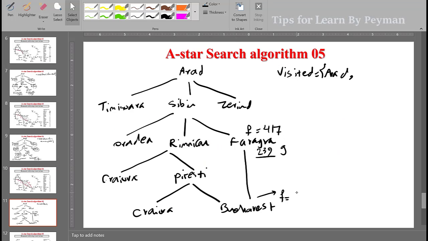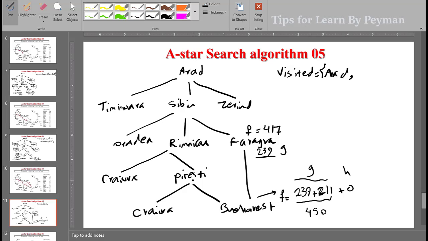So we have 239 plus 211 plus 0 for H, our G. So it would be 450, here to reach the Bucharest.